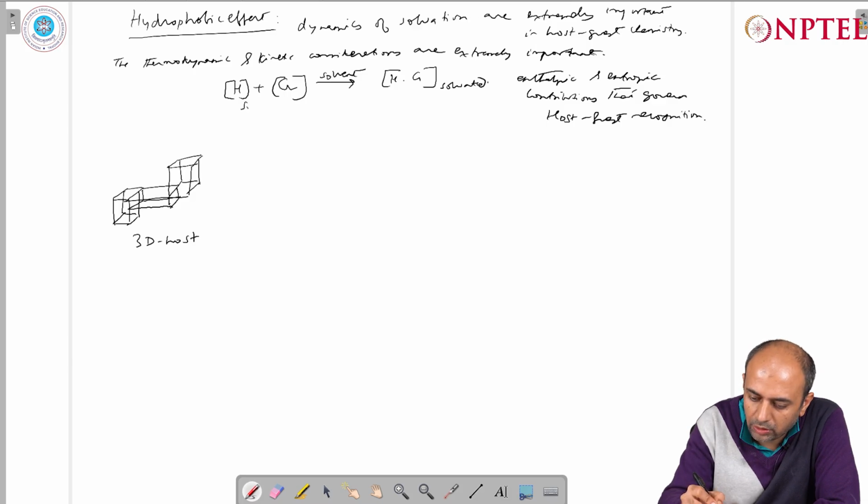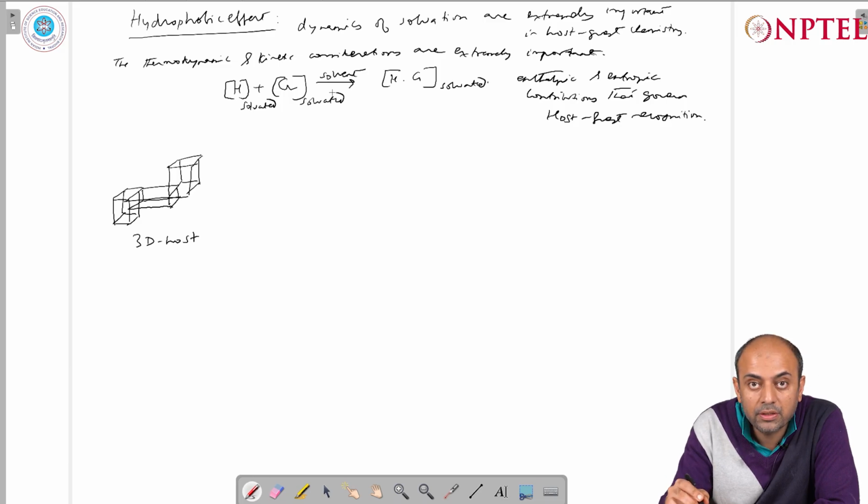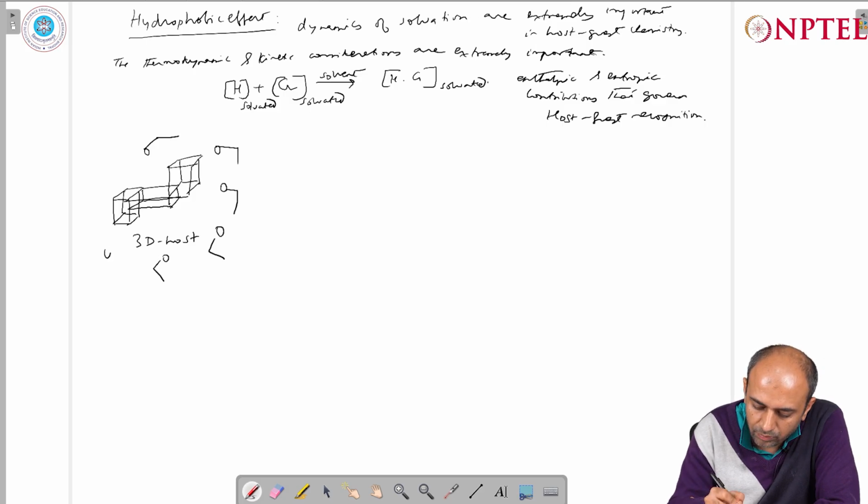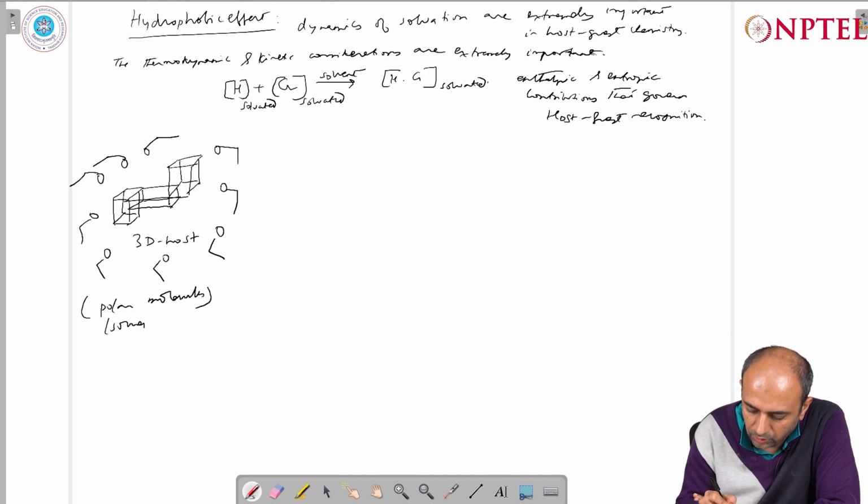So the host is solvated, the guest is also solvated, and we'll now look at the processes which take place on thermodynamic grounds when a host complexes with a guest to form a host guest complex. So to start with, this is highly solvated by polar molecules of the solvent, or these are the solvent molecules you can consider.